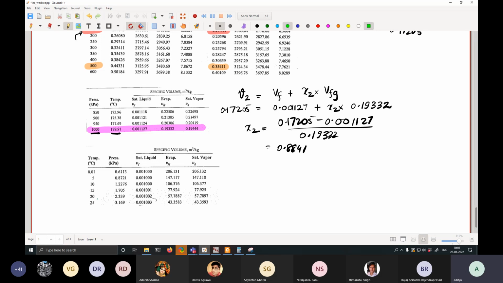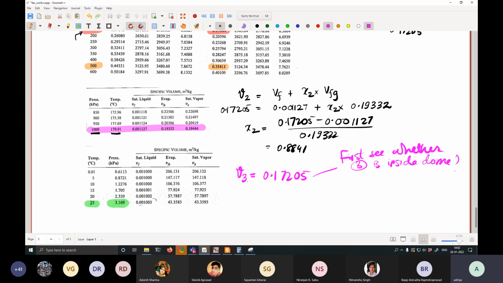I mean, the logic behind it. So at 25 degrees Celsius, you will be tempted to directly say, oh, here I have it, the pressure is 3.169, but no, because you know that the specific volume at point 3 is also 0.17205. You must first ascertain whether 3 is inside the dome.